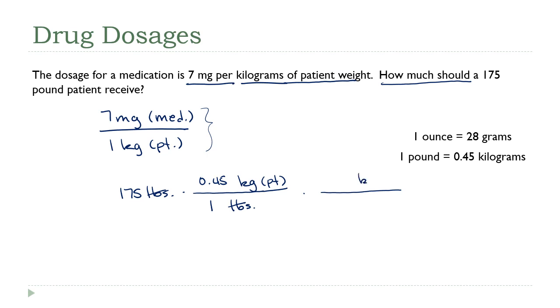I want to get rid of kilograms of patient weight, and I want to keep milligrams of medication weight. So my conversion factor here is 7 to 1. So check out the units, right? The kilograms of patient weight cancel. All that's left is milligrams of the medication. And if you do the arithmetic here, this is 551.25 milligrams of medication.